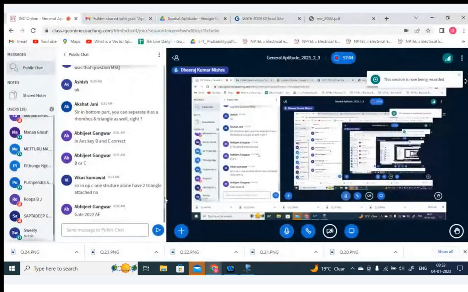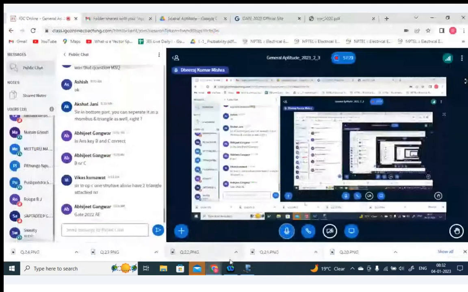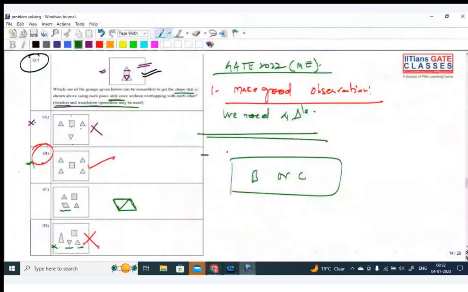Okay. So option B or C you can say is correct, right? According to the official key as well. Okay, so what I was doing here is I was just focusing on B here, right?